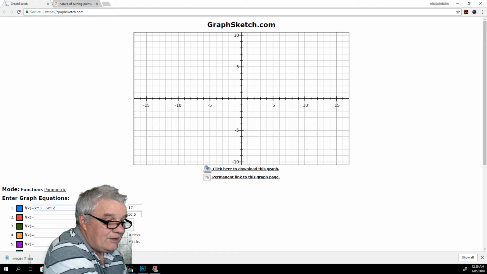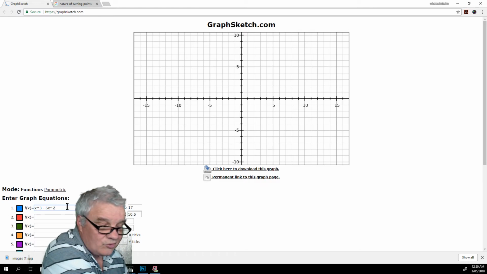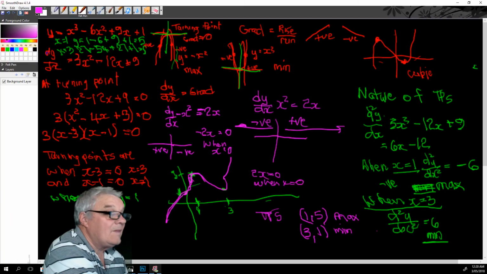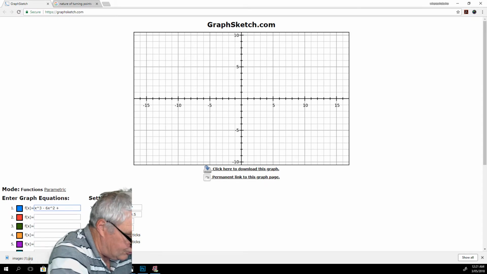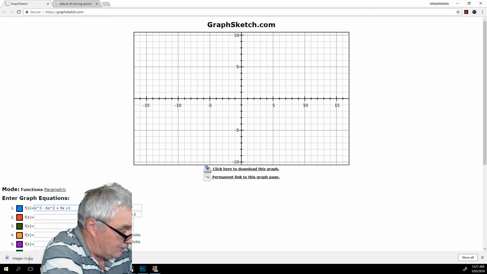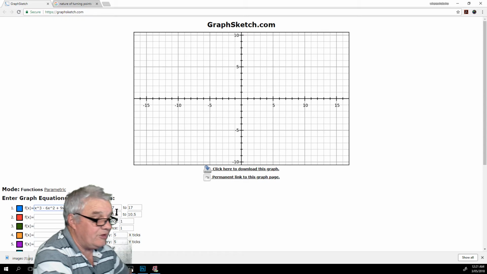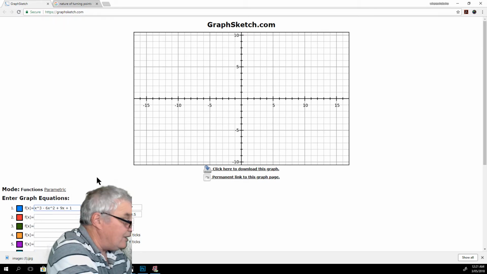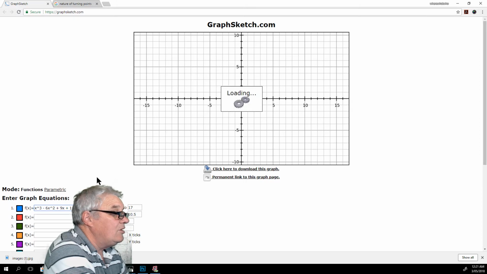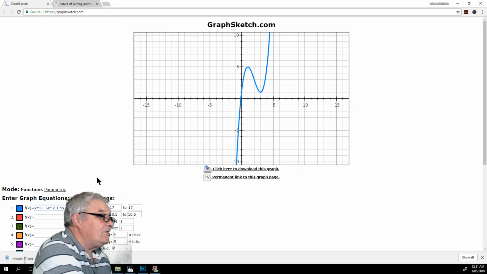Let's go back again. x cubed minus 6x squared plus 9x plus 1. So then it'll be plus 9x plus 1. Now the thing is, we don't have the beauty of this in an exam situation, but we can do this here, and let's just plot this. And there it is there.